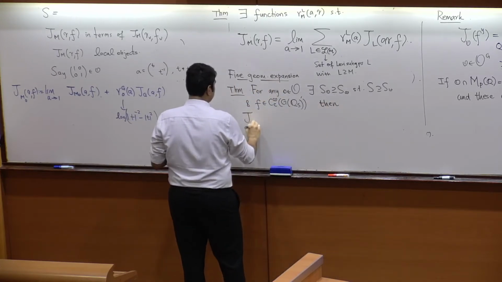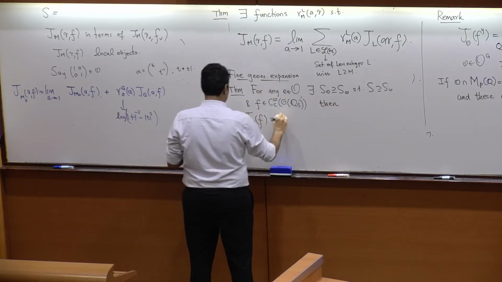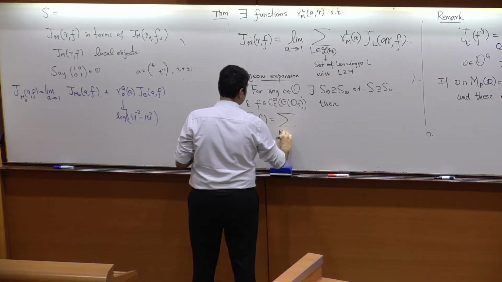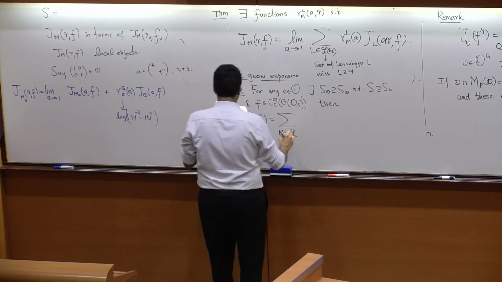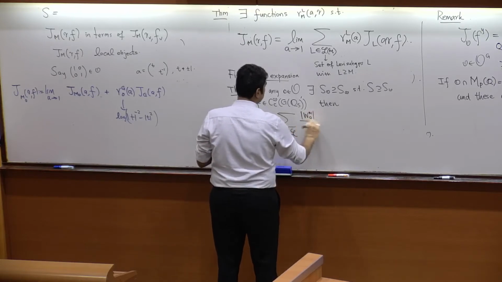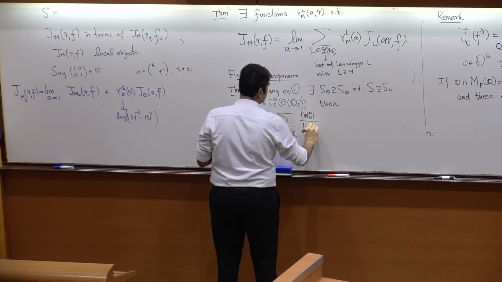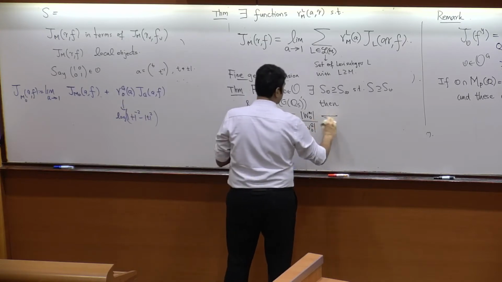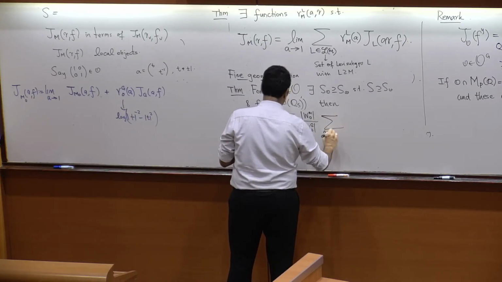You have the expression for J_O(f) as a sum over the standard Levi subgroups of G of the Weyl group, size of the Weyl group, sum over γ in the MS equivalence class, a_M^S(γ) J_M(γ, f).